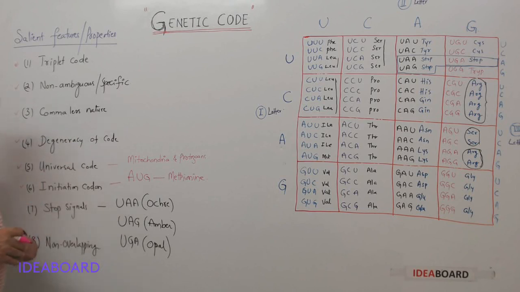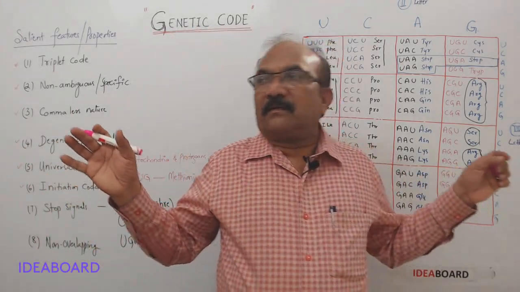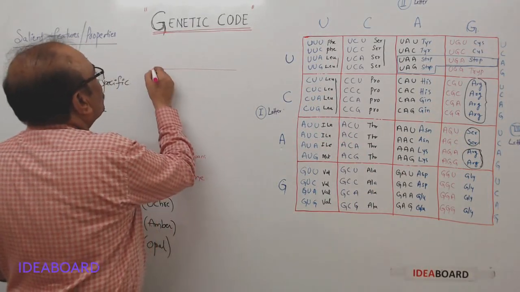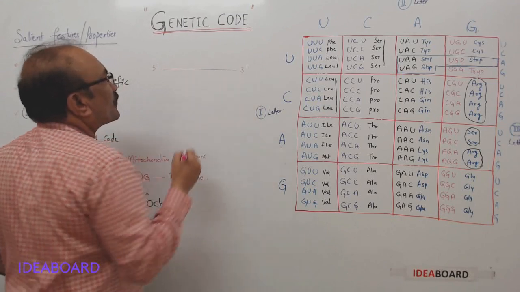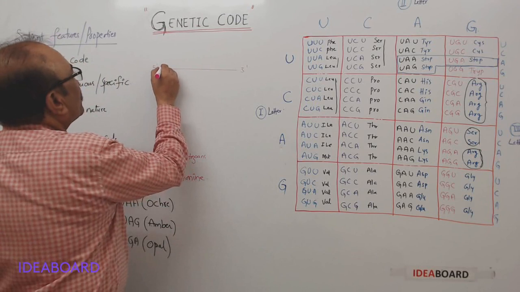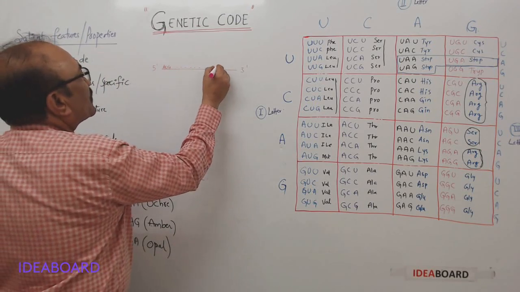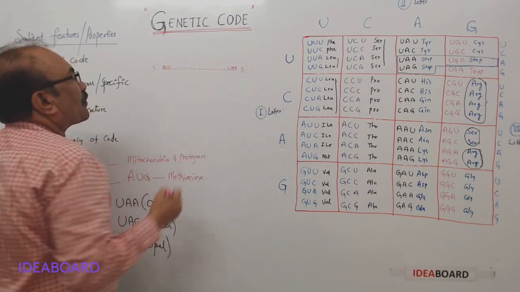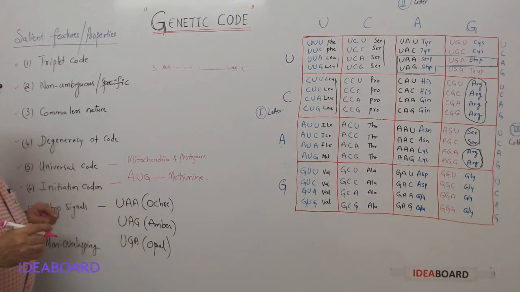And the next one, stop signals. That means this mRNA, you see it will have 5 prime and 3 prime ends. At the 5 prime end you will find the initiation codon and many other codons, and at the end you will find one codon which is called stop signal or terminating codon.